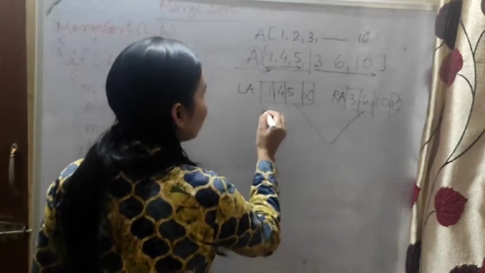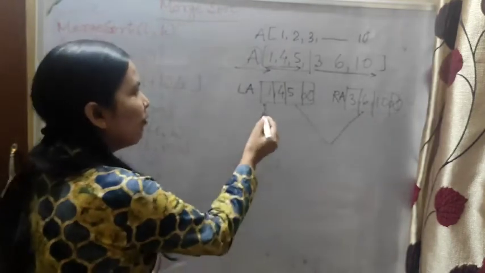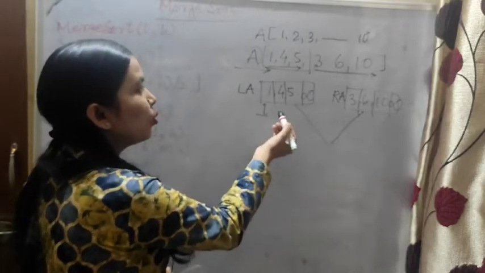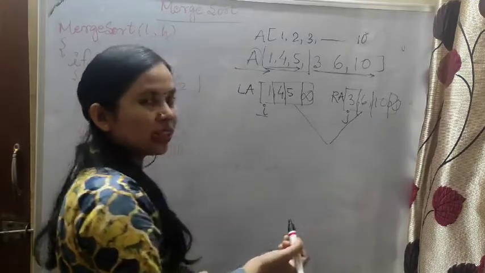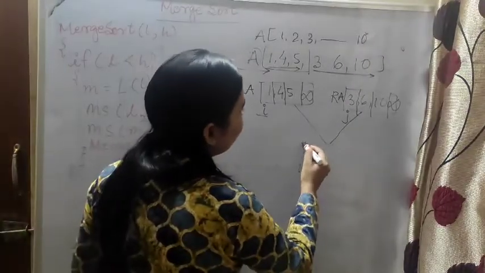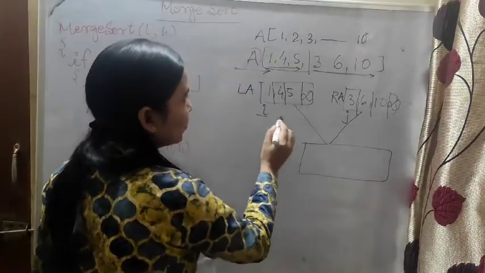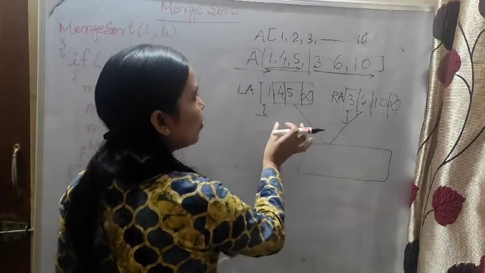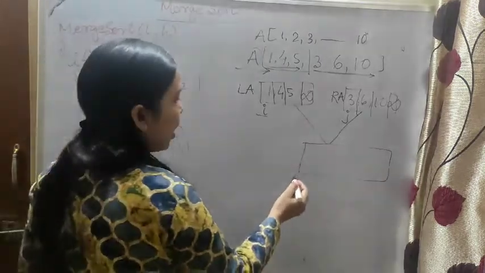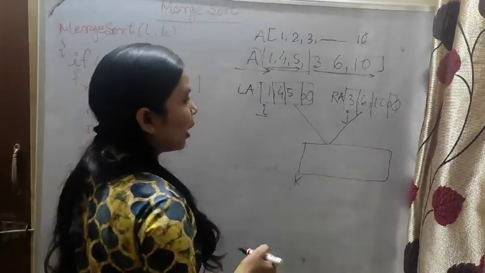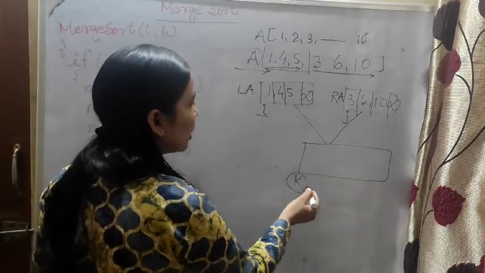Suppose I am taking the variable i to use in the loop for the left array and the variable j for the right array. Now we merge these two arrays, left array and right array. How will we merge it? We compare through the k value.